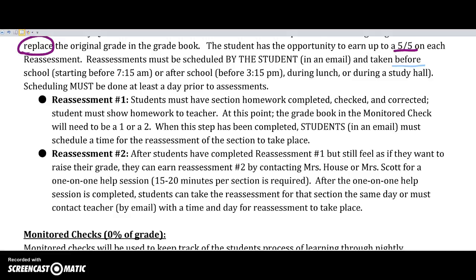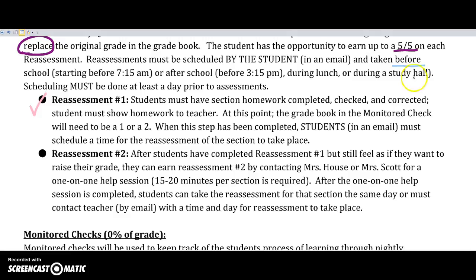When this step has been completed, the student must email a time for the reassessment of the section to take place. So if the student has completed their homework, checked it, corrected it, and shown the teacher, that earns them the opportunity to retake a similar daily for that section.